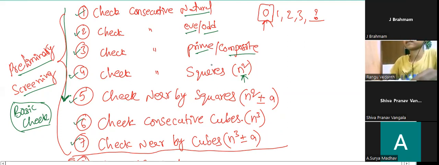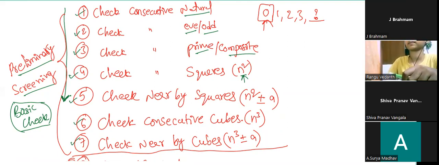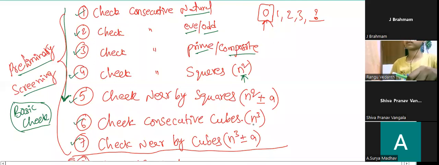If it is not a perfect square number, it may be nearby, plus or minus something. Something means it can be 1 or 2 or 3 or anything. After that, we have to check perfect cube numbers. Identifying a cube number is 50%.